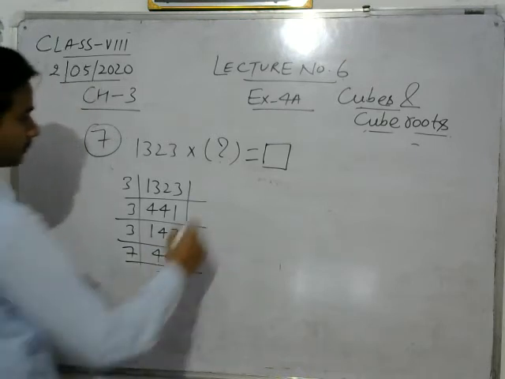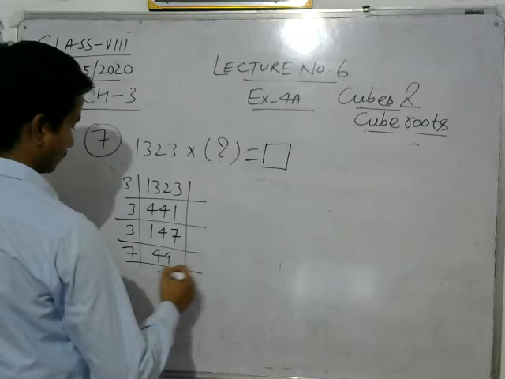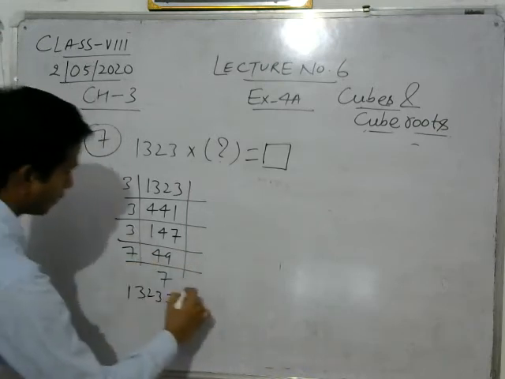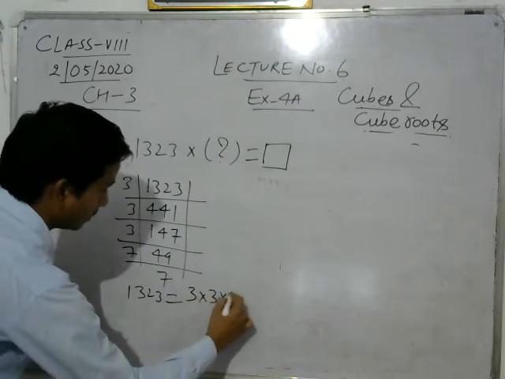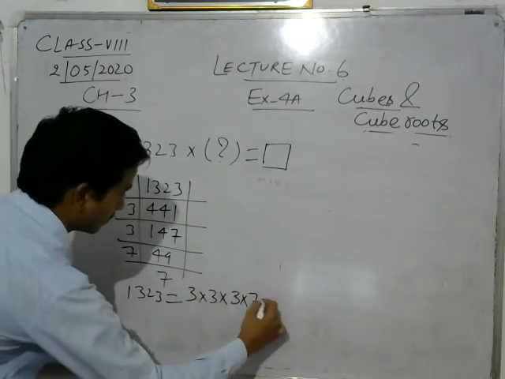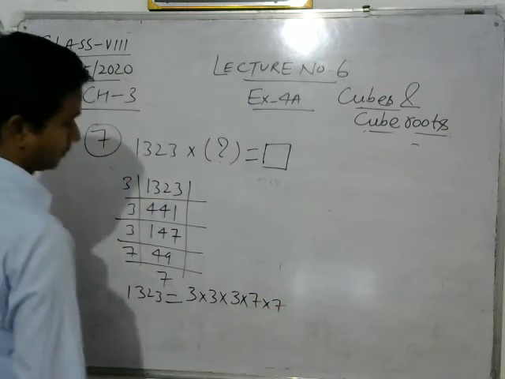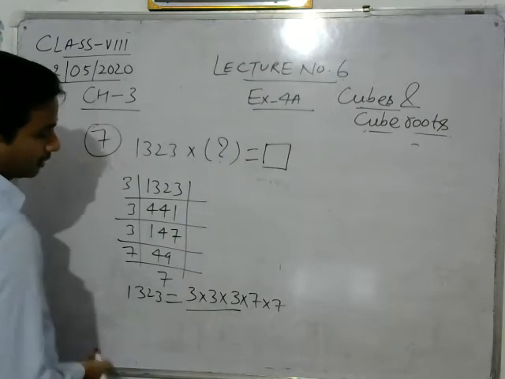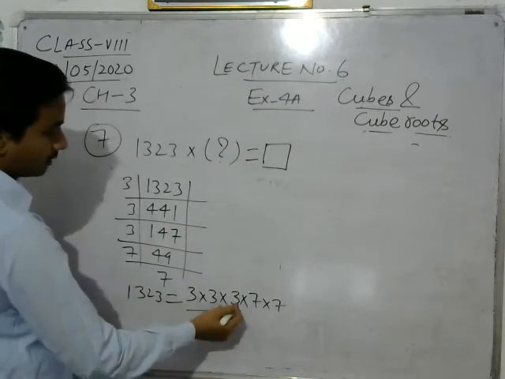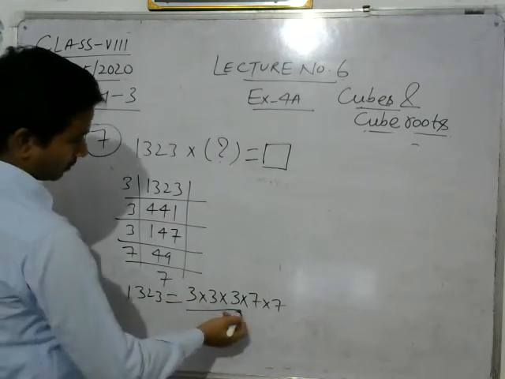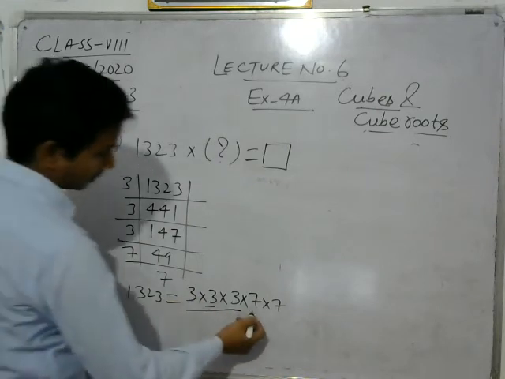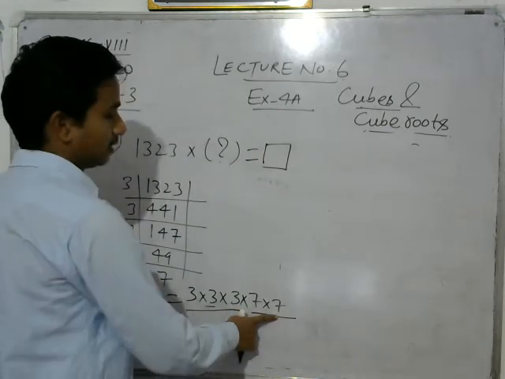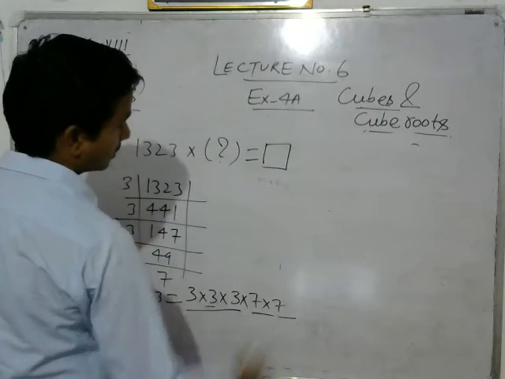So I can write 1323 as a product of these prime factors: 3 into 3 into 3 into 7 into 7. Here 3 is multiplied with itself 3 times, so one triplet is formed, but a triplet of 7 is not formed. 7 is multiplied with itself only 2 times. One 7 is missing.